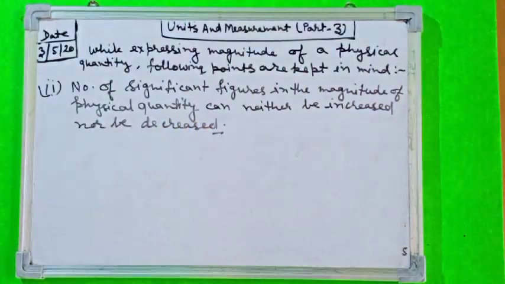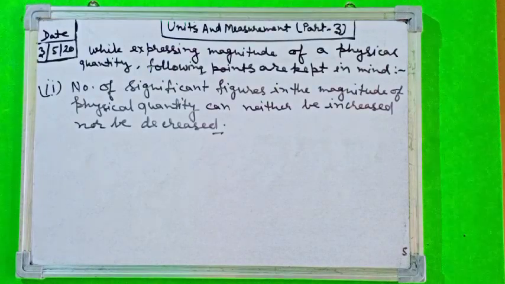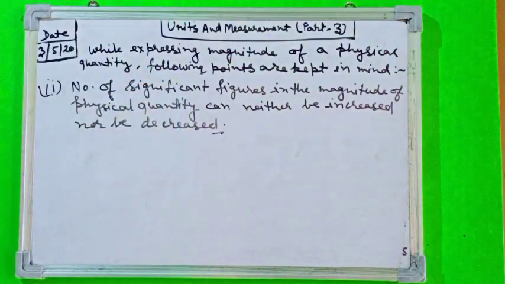I will discuss the number of significant figures in a later section also, but here I just want to say that the significant figures are the digits which signify or ascertain the value of a given measured physical quantity.